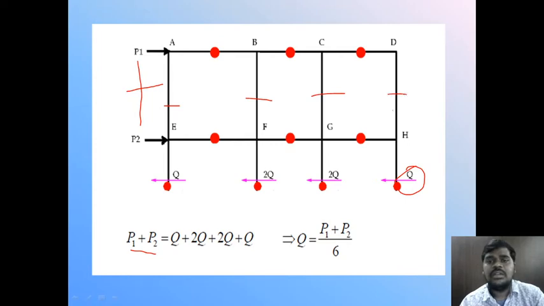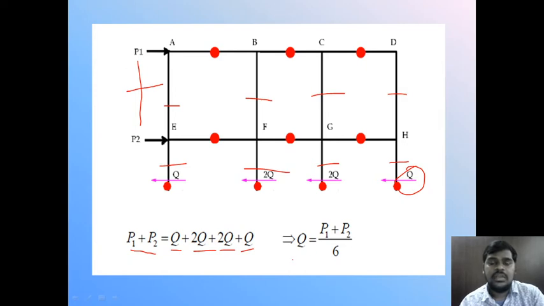So while solving this, we have to consider P1 and P2 as horizontal forces, and for column shear we have to consider Q, 2Q, 2Q and also Q. Only these 4 forces must be considered as opposing forces, but the right side forces P1 and P2 have to be considered.